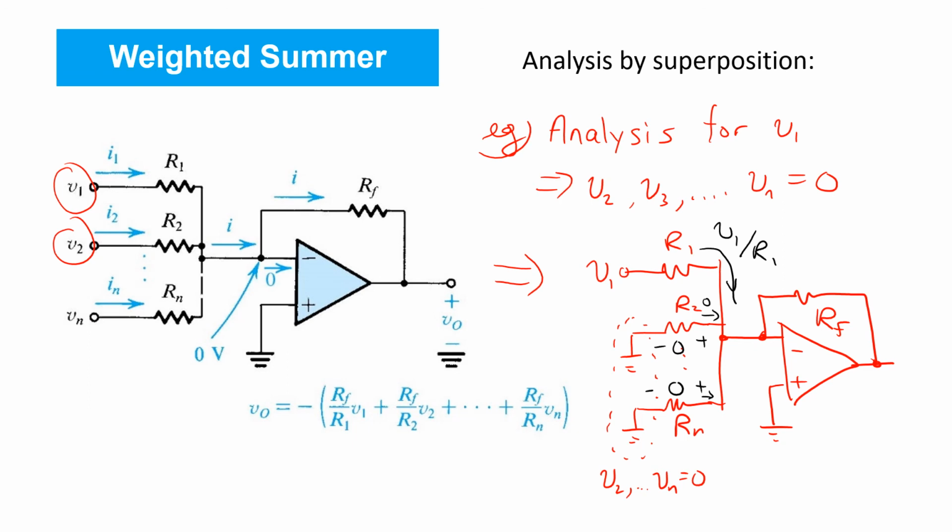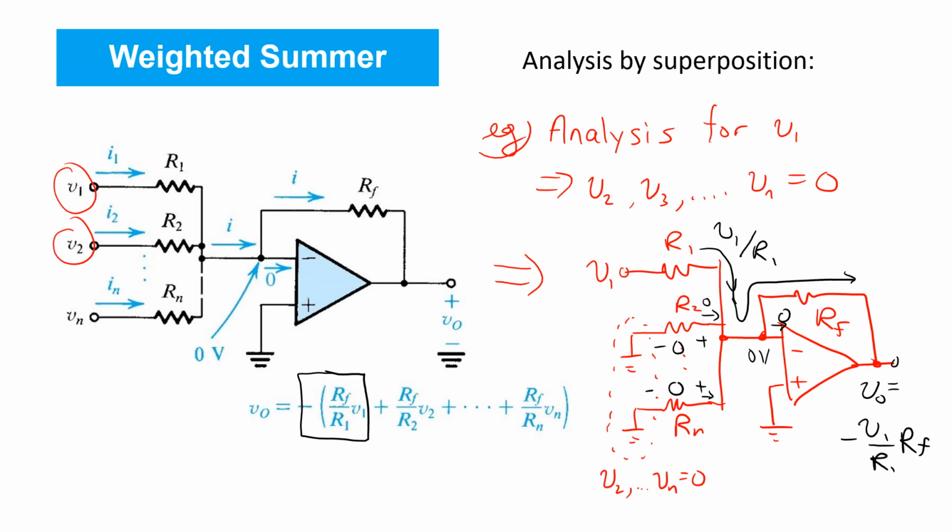Again, we've got an ideal op-amp assumption, so that ensures we've got 0 volts at the negative op-amp terminal. There's also 0 input current going into the op-amp, so all of this current flows here and produces the output VO, which is just negative that branch current V1 over R1 times RF. And that gives us this term over here in the final expression.